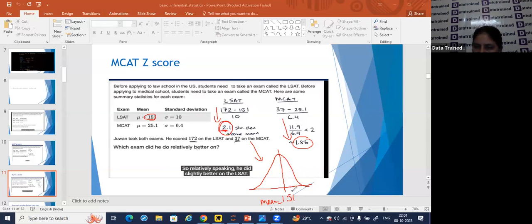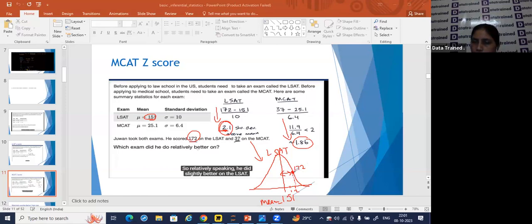So here 1, 2, 2.1 here. So basically, how many marks did the student gain in the LSAT? 172. This one is related to the LSAT, the law examination.